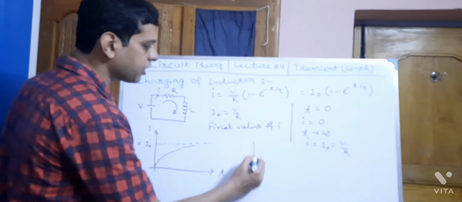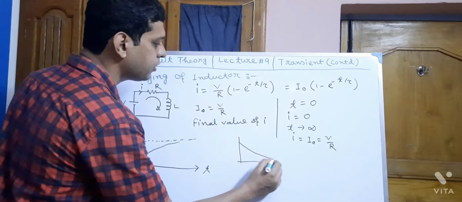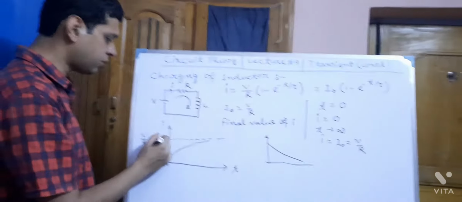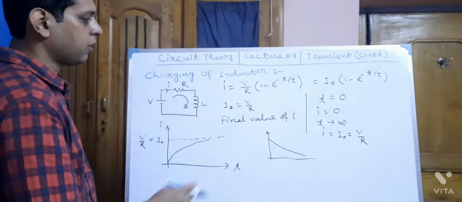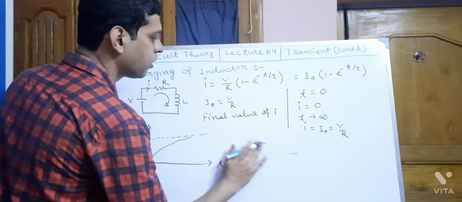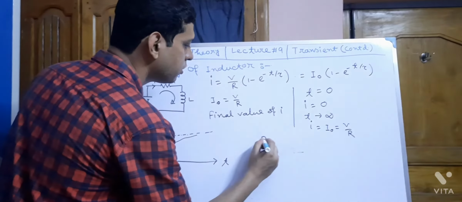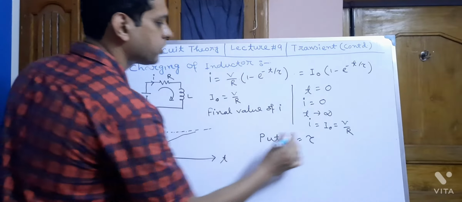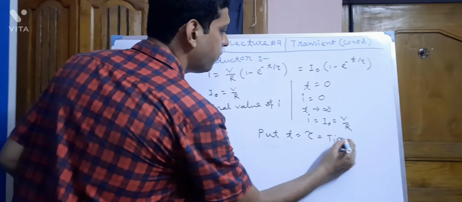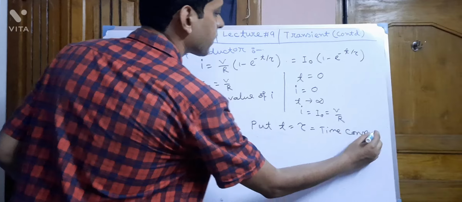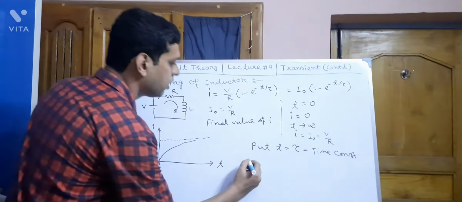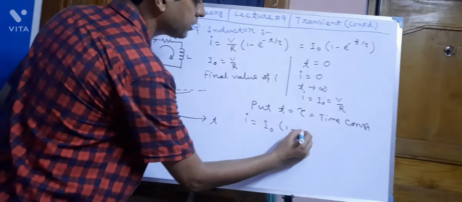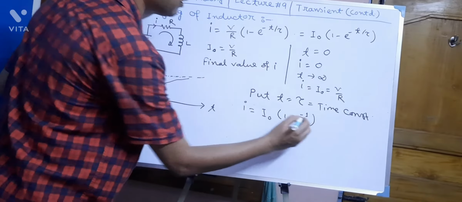And while discharging the inductor, the i was like this one. But while charging the inductor, i is like this one. Now put t equal to tau, or the time constant. If t equal to tau, i equal to I0 into 1 minus e to the power minus 1.